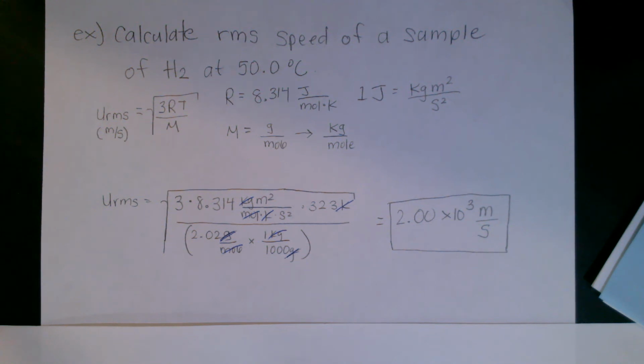So that's how fast those gas particles are traveling. Gas particles do travel really, really fast. At just regular 50 degrees Celsius, hydrogen gas particles, on average, are traveling around 2,000 meters per second.